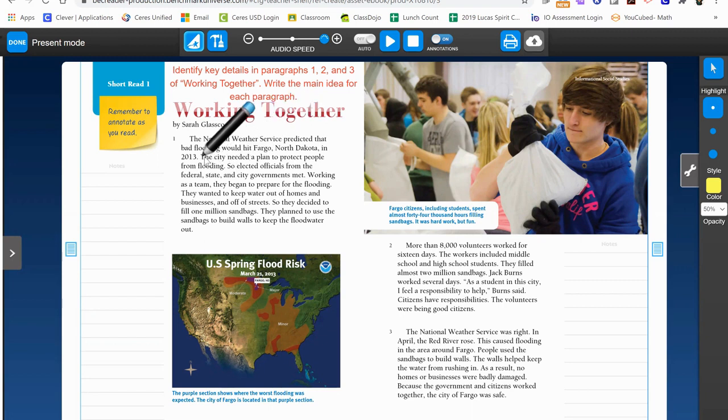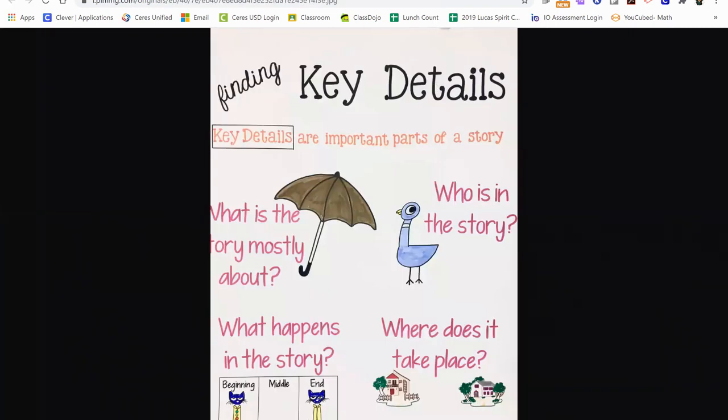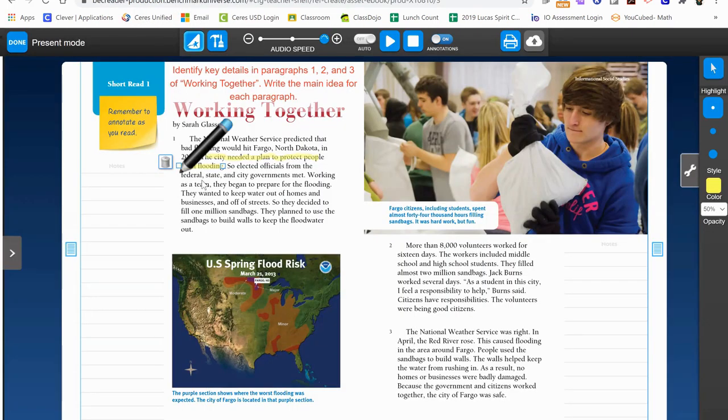So the city of North Dakota needed a plan to protect people from flooding. That is important. Remember, a key detail is an important part of a story. And so far, I know that there's a flood coming and the city where the flood is going to happen needs a plan, right? So let's keep reading. Elected officials from the federal, state, and city governments met.